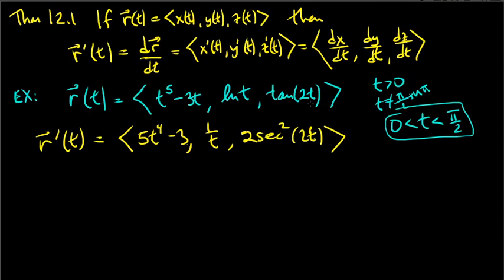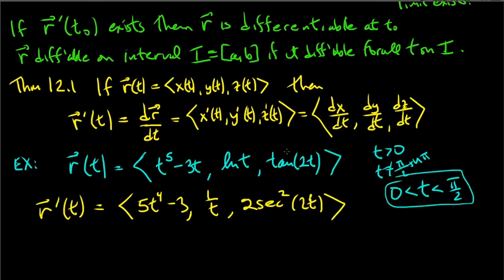I'm not going to look for anything fancy like the hyperbolic cotangent of the cube root of e to the t or something crazy like that. But the basic functions, the trig functions, exponentials and logs, we're going to see those a lot. Okay, so that's finding the derivative.